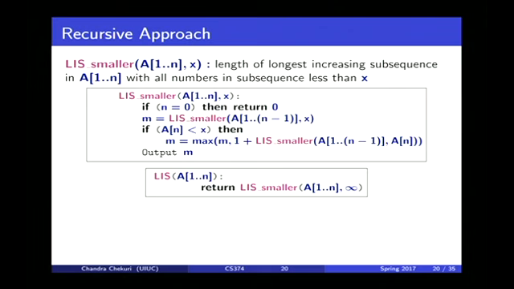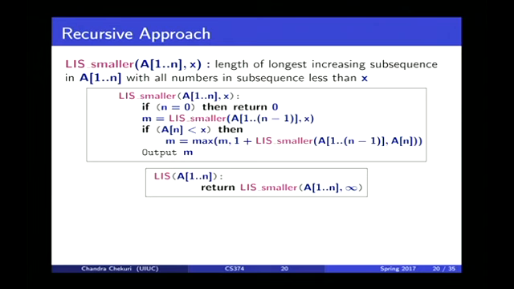Now in the second case, something nice happens. In the second case, I want to include the number, right? Can I include it if it's bigger than x? I can't, right? Because my definition is that I want only sequences where all the numbers are less than x.